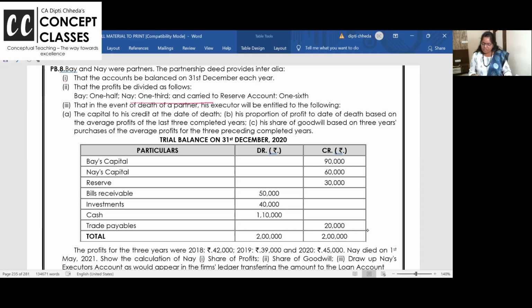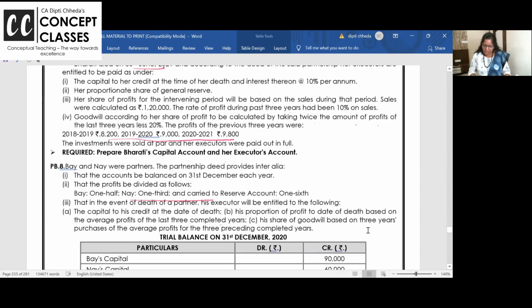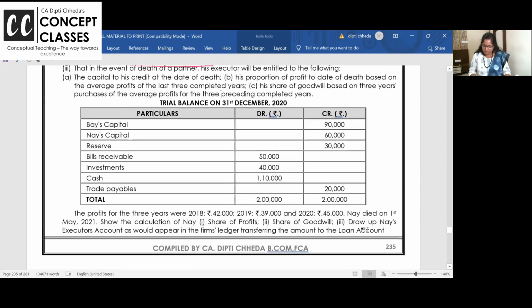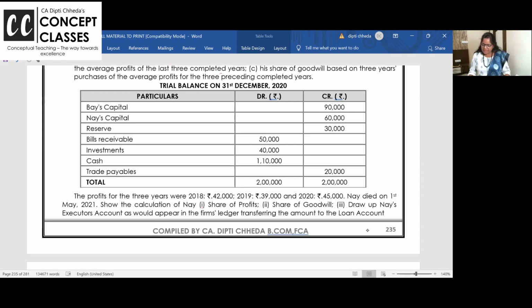capital, his proportionate share of profit based on average profit of last 3 years, and his share of goodwill based on average profit of 3 years. Show the executor's account calculation, share of profit, share of goodwill, draw the executor's account as would appear in the firm's ledger, transferring the amount to loan account.